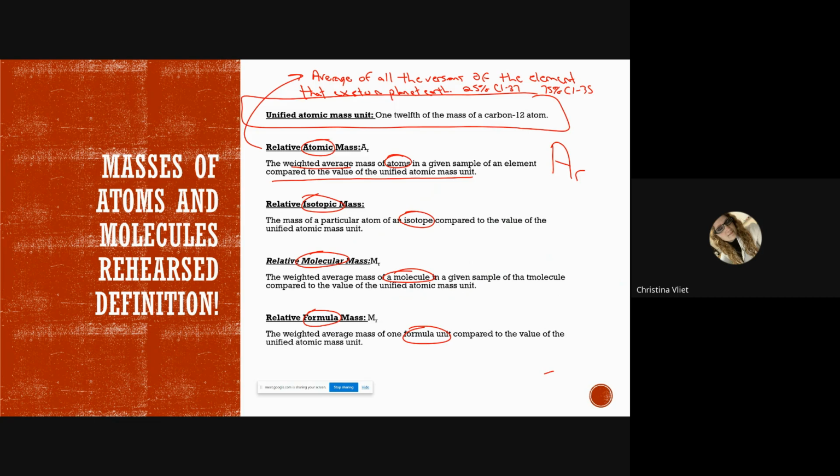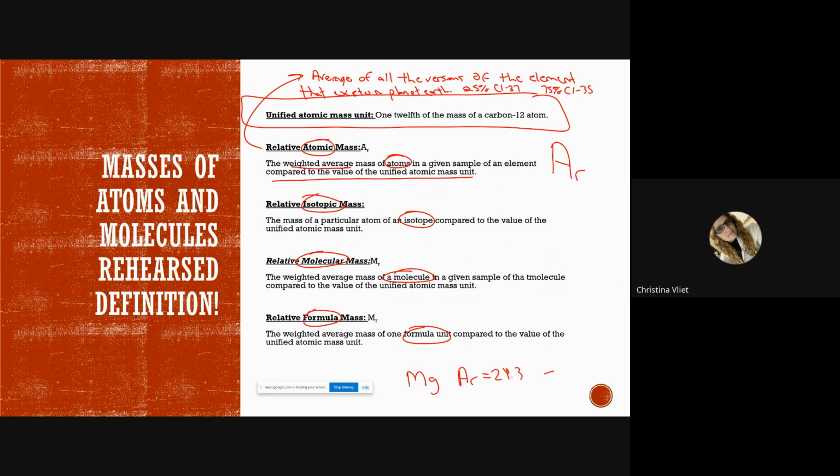Why would we describe something as a relative molecular mass, whereas another one will be a relative atomic mass? If I'm talking about magnesium, I'm going to say a relative atomic mass. But if I'm talking about methane, CH4, I would not say relative atomic mass. Why not? Because it's more than one atom. So if I say that magnesium has an atomic mass of 24.3, that makes sense as a relative atomic mass.